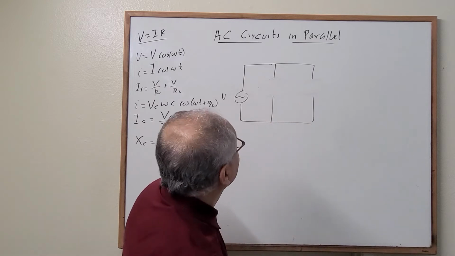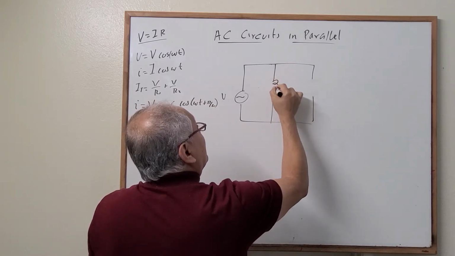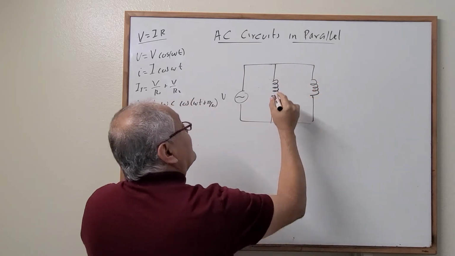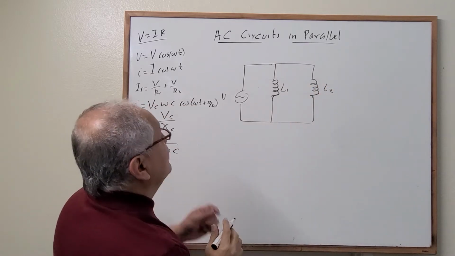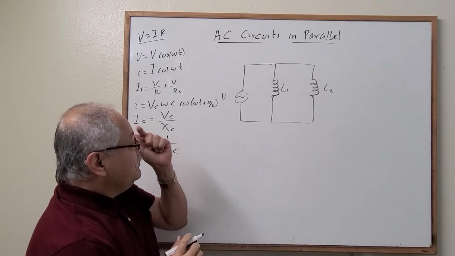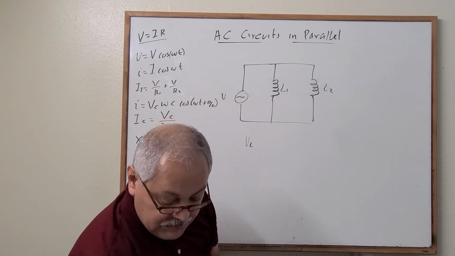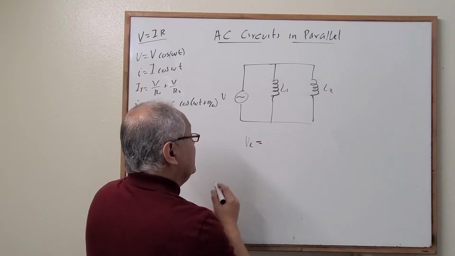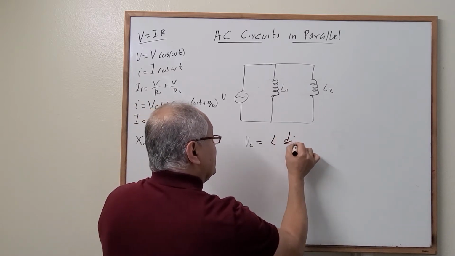When we have inductors, like in this case, we follow the same steps. It's inductor 1, inductor 2, right? This is going to be L1, this is L2. Now in this case, we are dealing with the voltage through the inductor, which is defined to be equal to L, the inductance, times the change in current with respect to time.